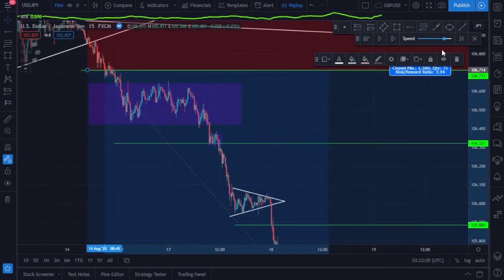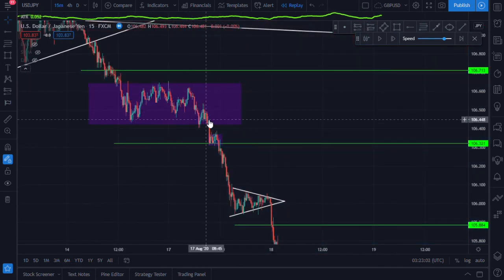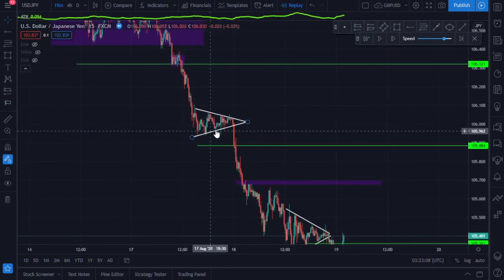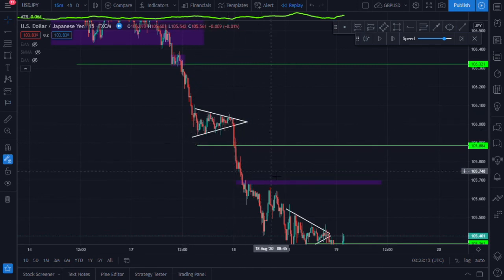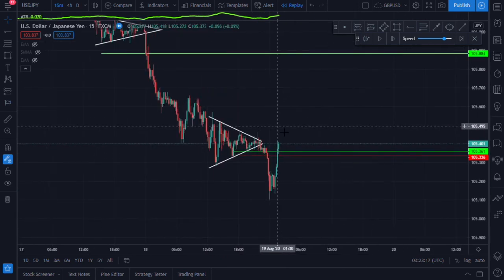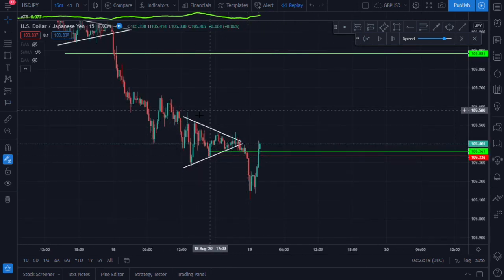All right. We got into the zone. Market broke the zone. Add another position. All right. As we're trailing stop loss, we had a symmetrical triangle here. The market broke that. Add another position. Market continued to drop. As we're trailing stop loss, we have another triangle pattern here.